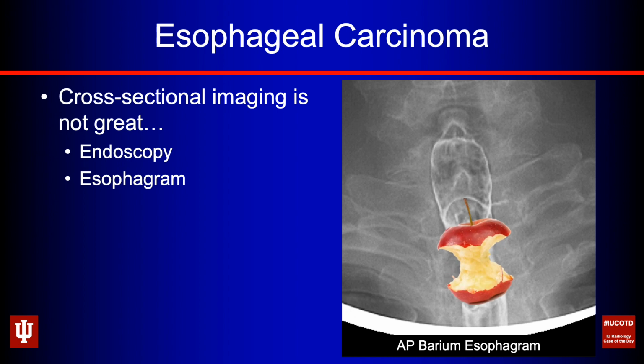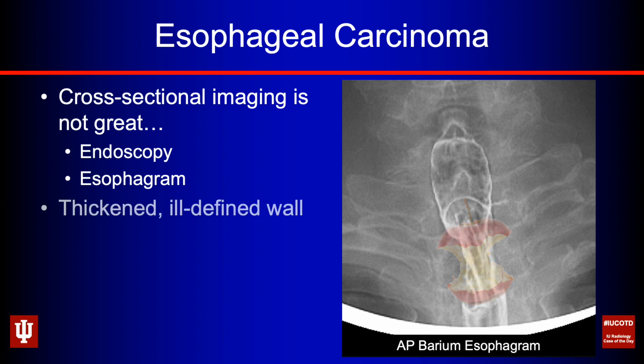Certainly, esophagograms are useful. You can pick them up on esophagograms. In this case, you can see that classic apple core appearance. And so, yes, be able to recognize these on esophagograms. They're oftentimes much more subtle than what I'm showing here in this example. But in general, while you can see it on cross-sectional imaging, it's not our best modality for looking.